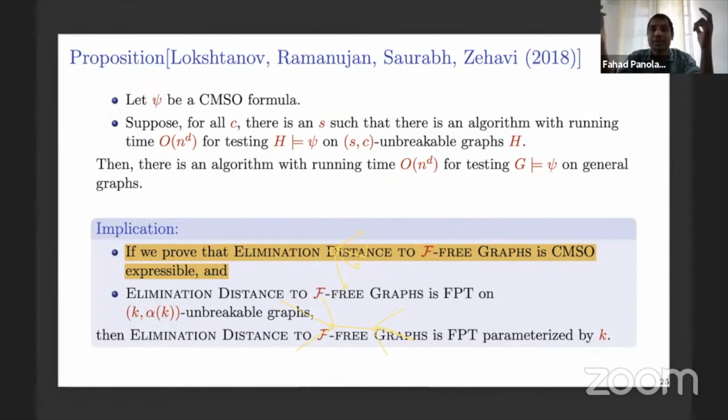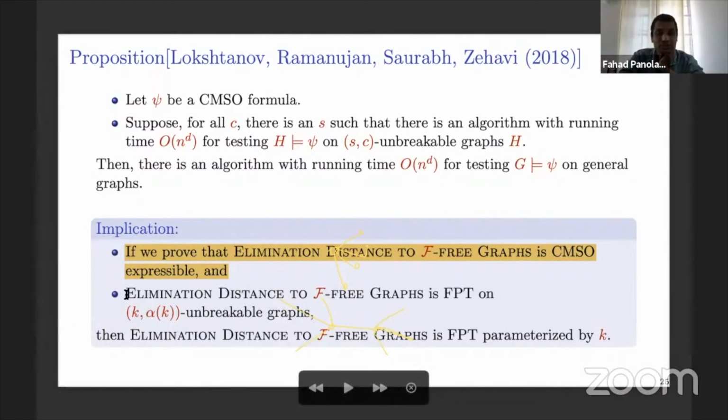The number of vertices in the elimination forest will be bounded by a function of K. Using that, we will design a branching algorithm for the second bullet point. That is, when the graph is K alpha K unbreakable, the problem is FPT. And then put together with this result, we will get that even on general graphs, this problem is FPT.